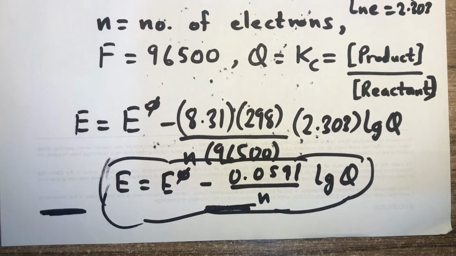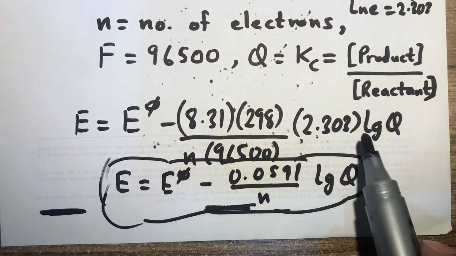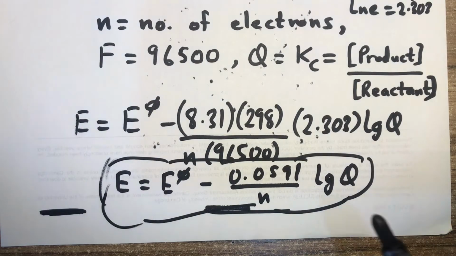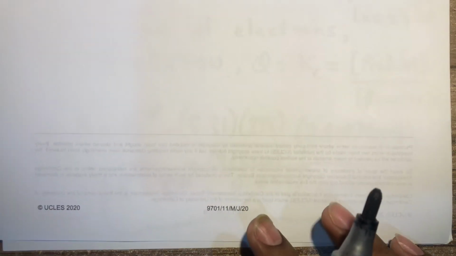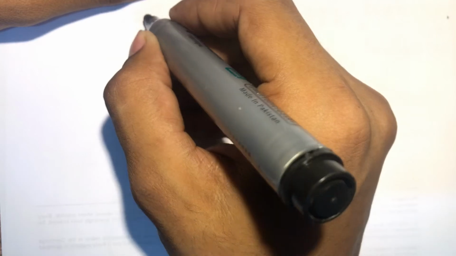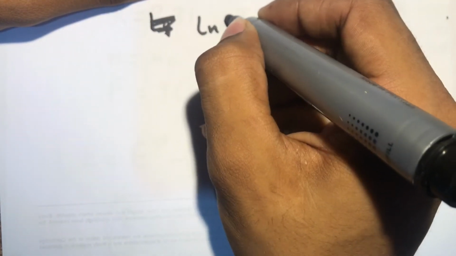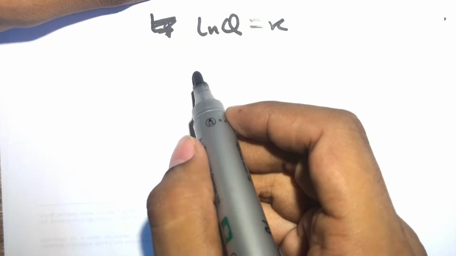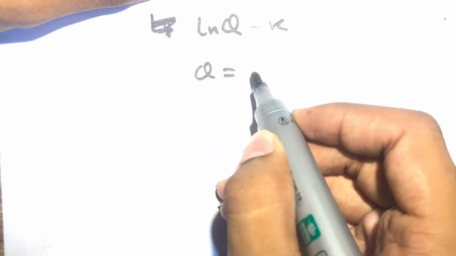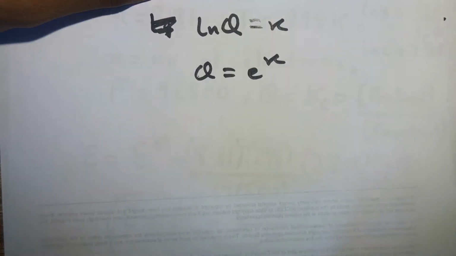Now one question arises in math students, why did we replace ln Q with 2.303 lg Q? So I'll explain that. Let's say we basically had ln Q, and let's say it's equal to x. So I can write Q as e to the power of x.